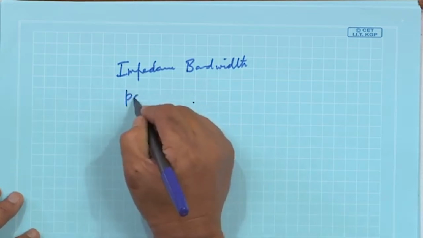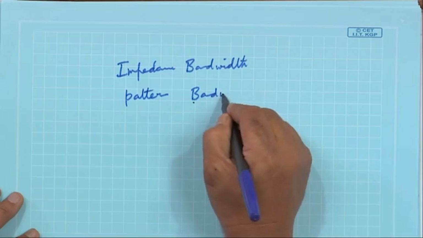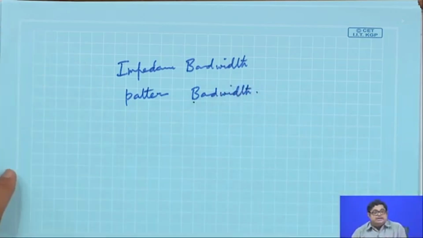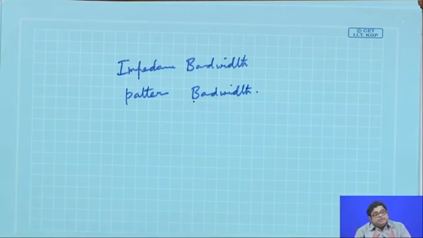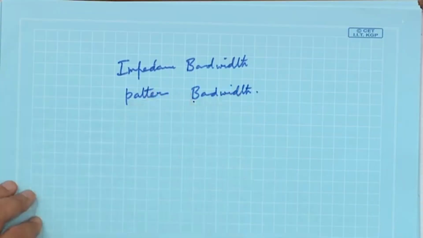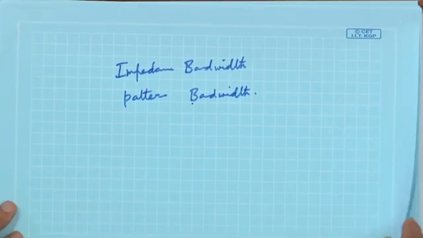Similarly, there can be pattern bandwidth, etc., but all have the same idea: what is my acceptable frequency range, where the specified antenna parameter is acceptable to me, or within a specification.